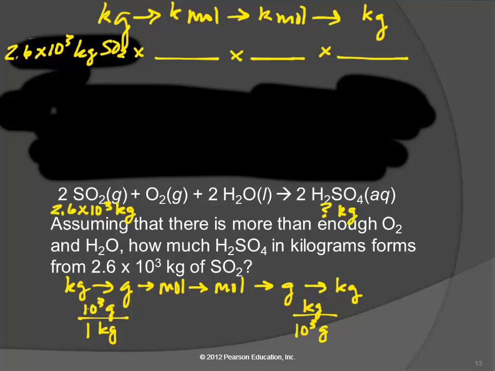This time it's kilograms to kilomoles to kilomoles to kilograms. It just doesn't have the same ring to it, does it? Kilomoles of SO2 to kilomoles of H2SO4 to kilograms of H2SO4.